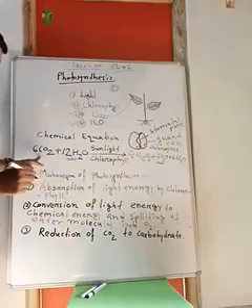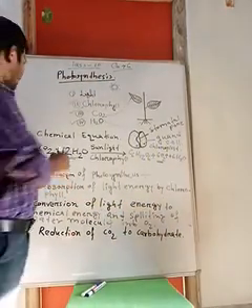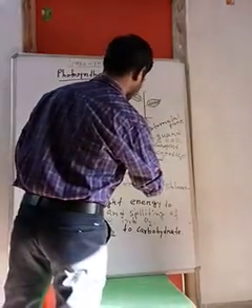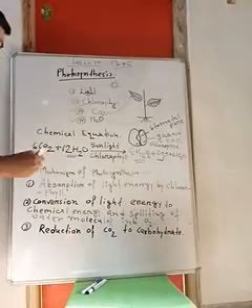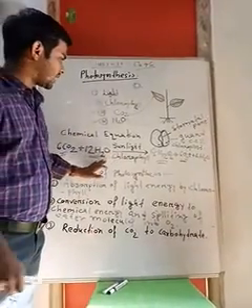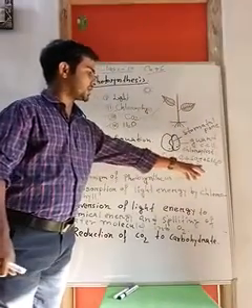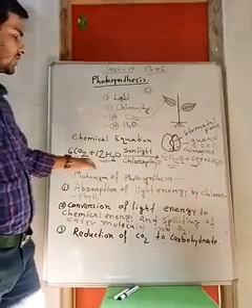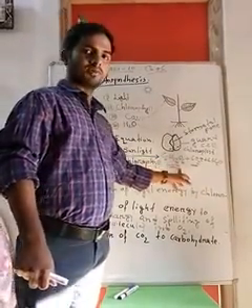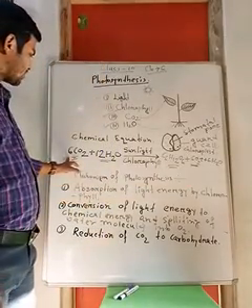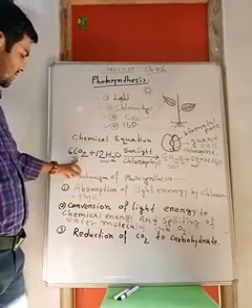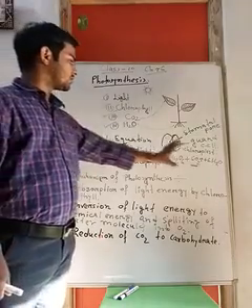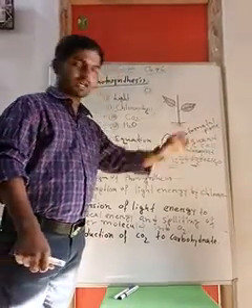Here carbon dioxide is reduced to carbohydrate. That means from water, after the reaction, oxygen is produced, and from carbon dioxide, after the reaction, glucose is produced. That means here reduction of carbon dioxide takes place and splitting of water into oxygen takes place.